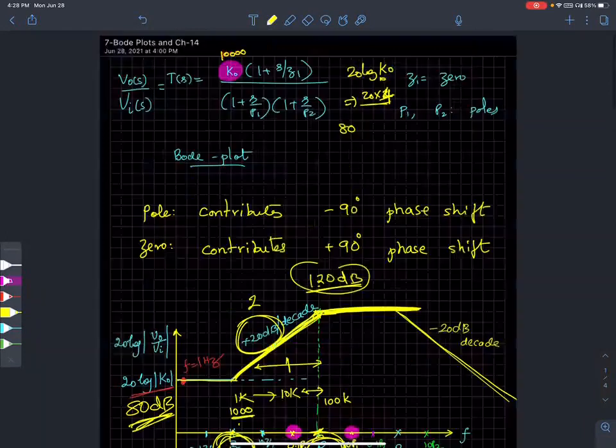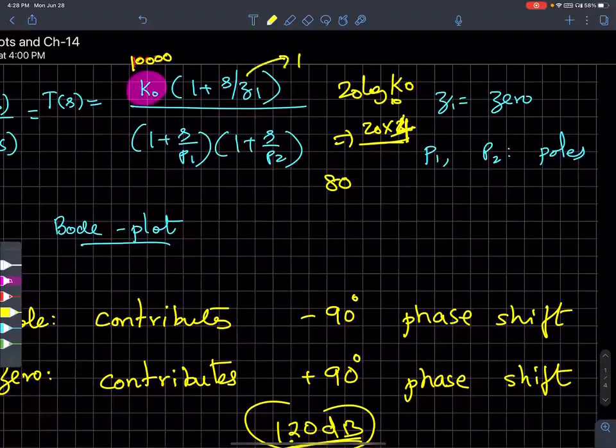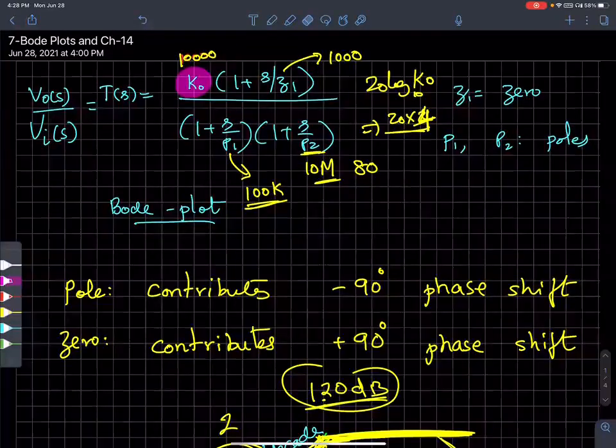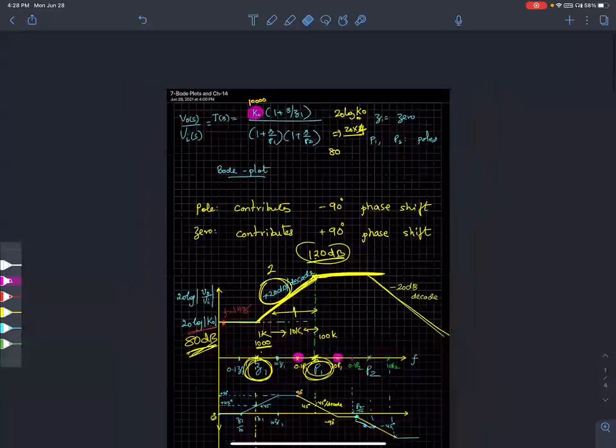If your ω0 was 1000, you can plug in a value of 1000 for ω0. You can plug in a value of 10,000 or 100,000 for P1, and I don't know, 100 meg or 10 meg, for P2. You can plug in those numbers, substitute s equals jω, take the magnitude, and do 20 log of all of that.